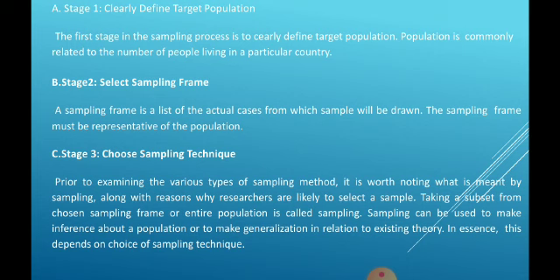Prior to examining the various types of sampling methods, it is worth noting what is meant by sampling, along with the reasons why researchers are likely to select a sample. Taking a subset from the chosen sampling frame or entire population is called sampling.